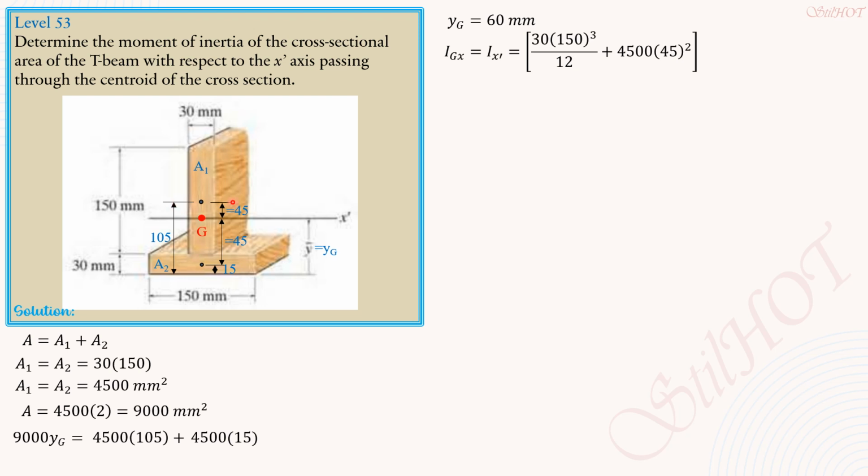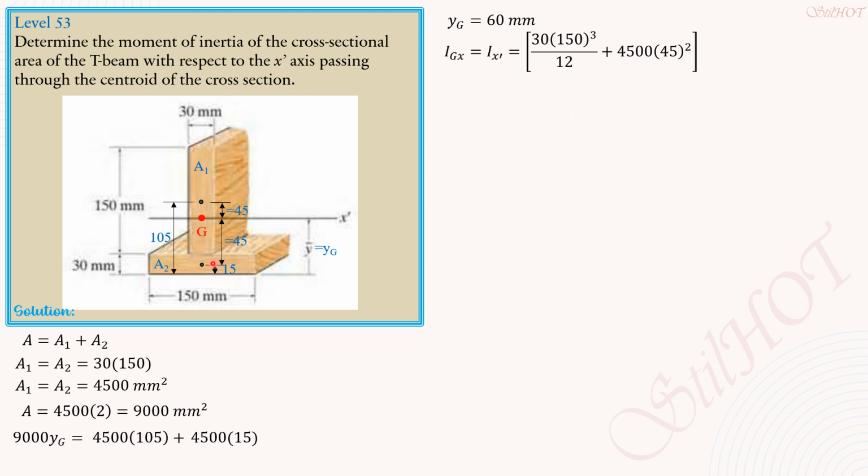Remember, with respect to the centroid, plus area of the rectangle, area 1, 4,500 times the distance between the parallel axis. So this axis here and the centroidal x-axis of the entire region, which is 45. Anyway, it is already labeled in the figure.